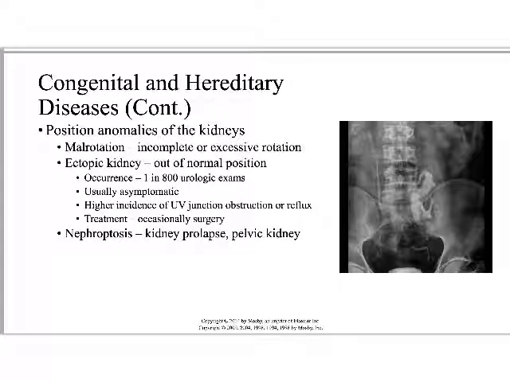Ectopic is just out of normal position. This is fairly common to be found in urologic examination, oftentimes asymptomatic. So the normal location of the kidneys is that the right is going to sit slightly lower than the left because the liver kind of pushes down on the right.